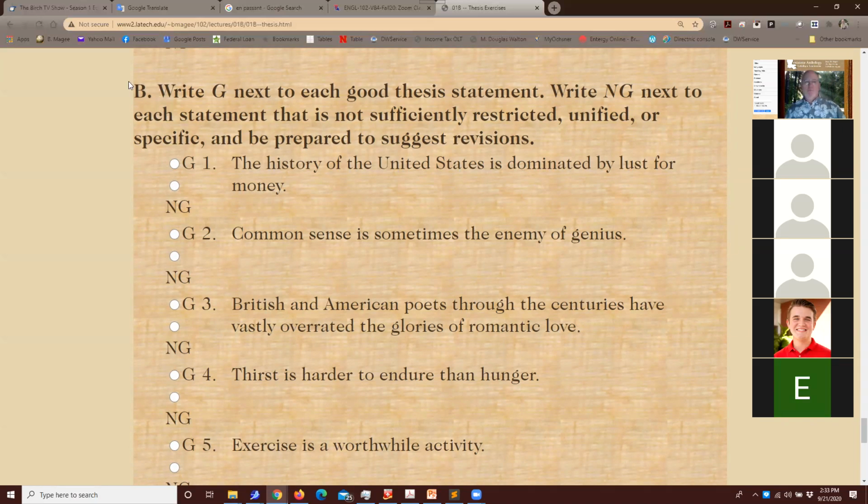"The history of the United States is dominated by lust for money." I say that's a good thesis statement. All right. So, how long is the history of the United States? Let's see, 76, 20. About 300. 230, right? Yeah, I would say about that.